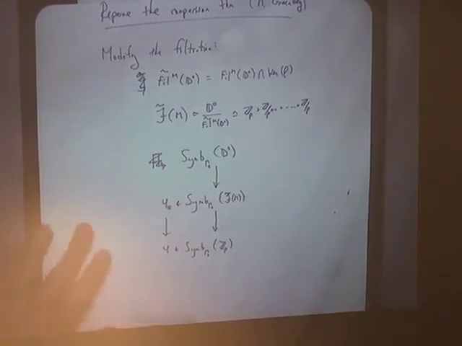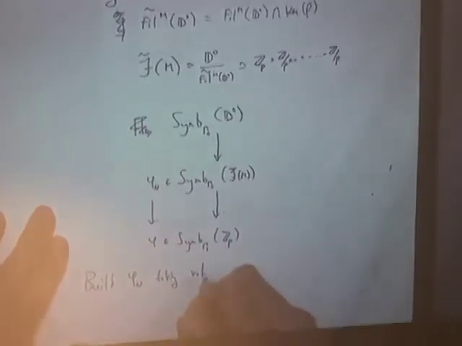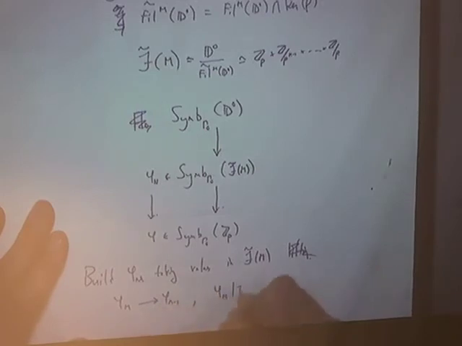So we want to build phi_m, taking values in, I'm calling these m's, Fil tilde of m, lifting the next, where phi_m maps to phi_(m-1), and phi_m itself is an eigensymbol.